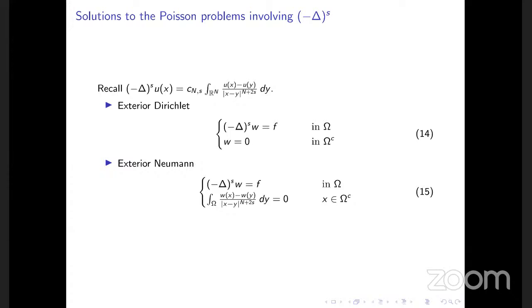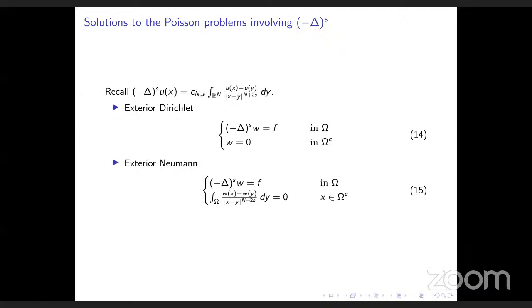So if I minimize, my solution will become the Dirichlet problem, with exterior Dirichlet boundary condition, and also a kind of Neumann boundary condition in the exterior. So these are the problems that the energy that I am considering, which is a non-local energy, gives to me. So a Dirichlet problem, exterior Dirichlet problem, and a kind of exterior Neumann problem.